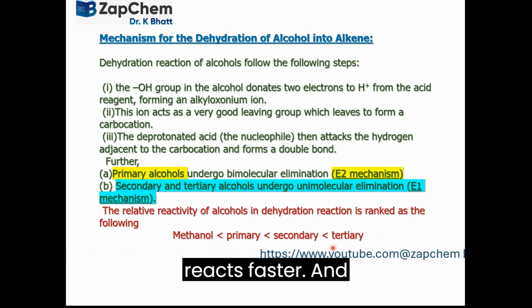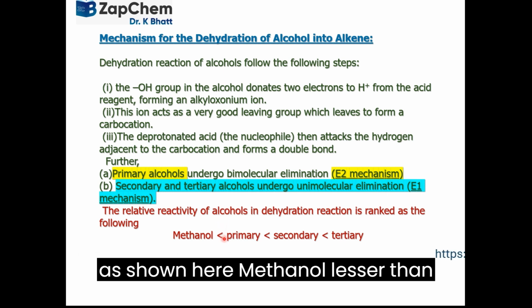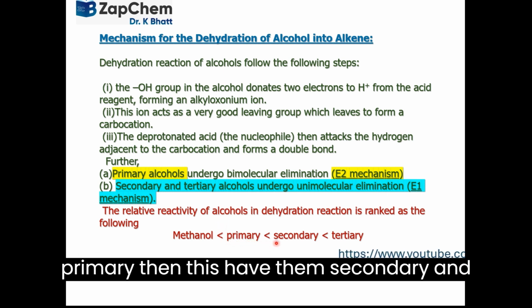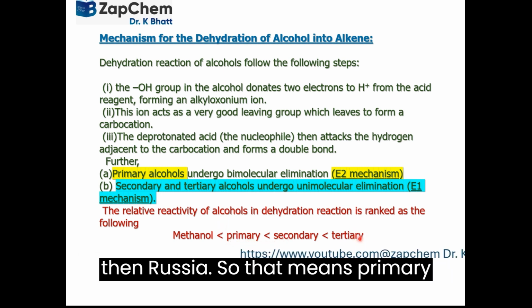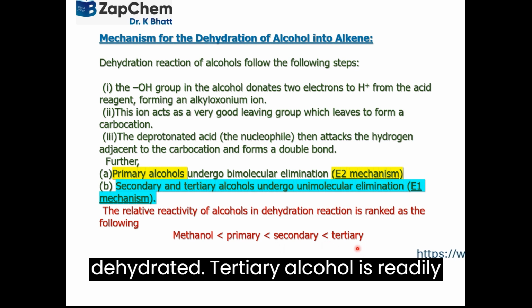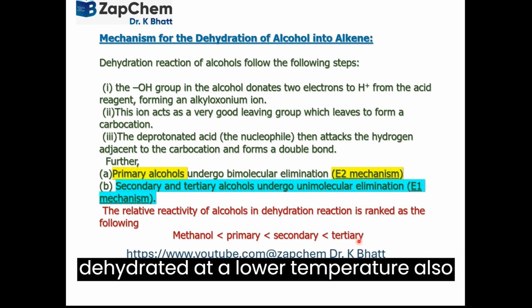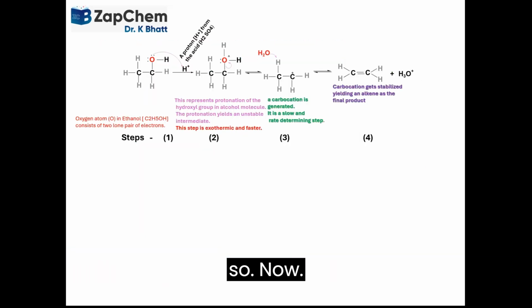Tertiary reacts faster and therefore the order of reactivity is as shown here, methanol lesser than primary, then lesser than secondary and then tertiary. So that means primary alcohol is not readily dehydrated, tertiary alcohol is readily dehydrated, means it can be dehydrated at a lower temperature also.